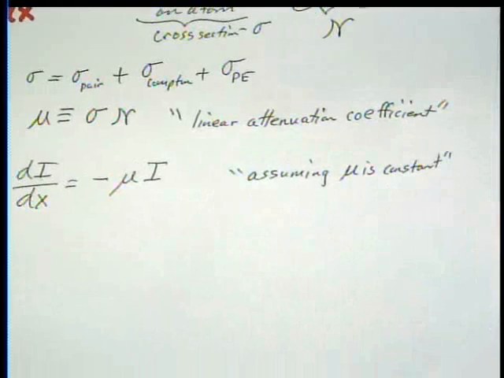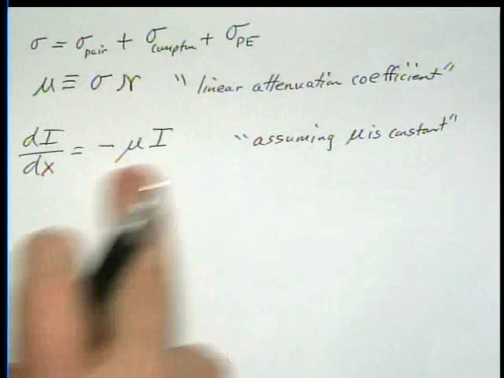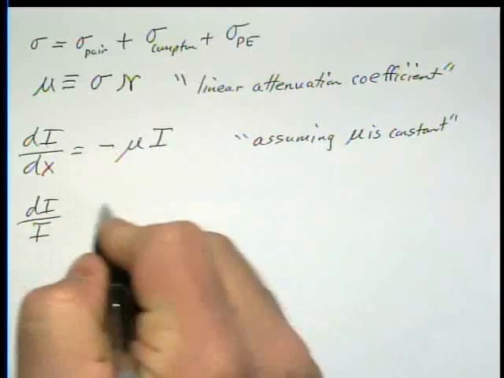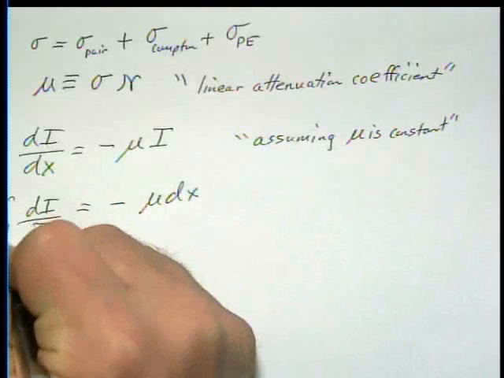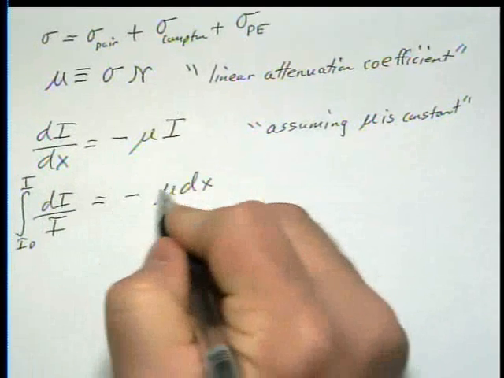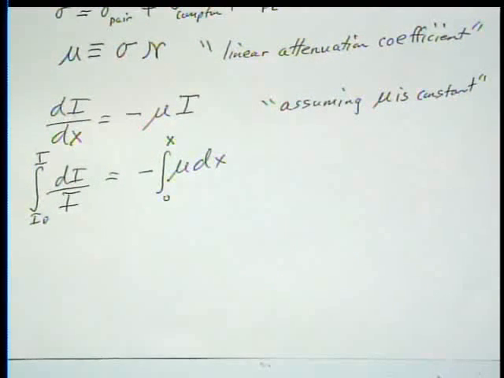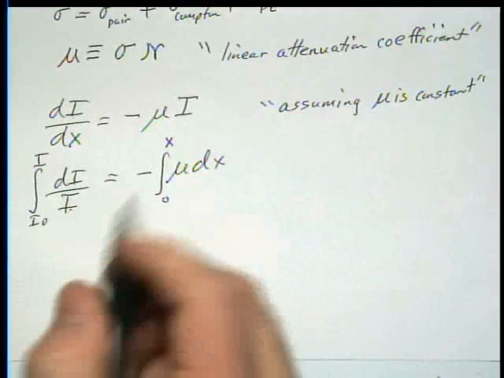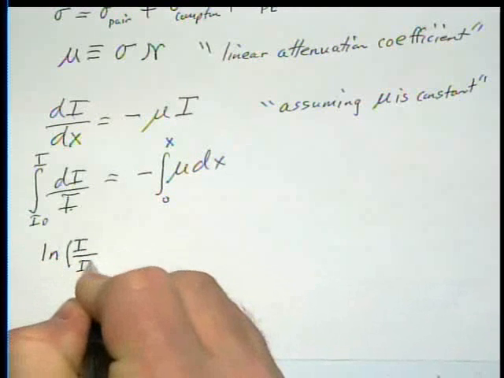And that's an easy differential equation to solve. It's separable, so we can bring the I under dI, and mu dx, and we can integrate that from the initial intensity to the final, and from the initial x to the final x. The integral dI over I is the natural log. So that becomes the natural log of the intensity over the initial intensity.